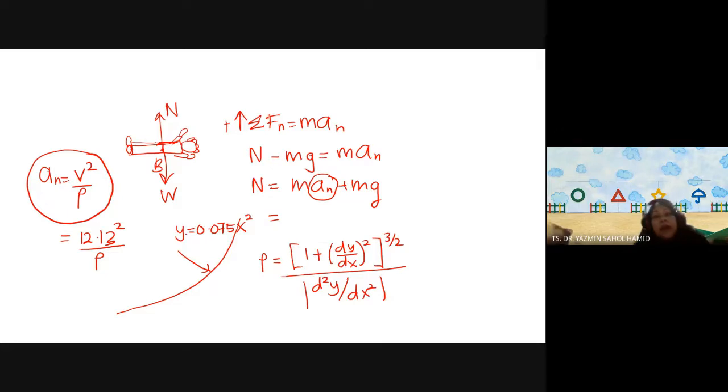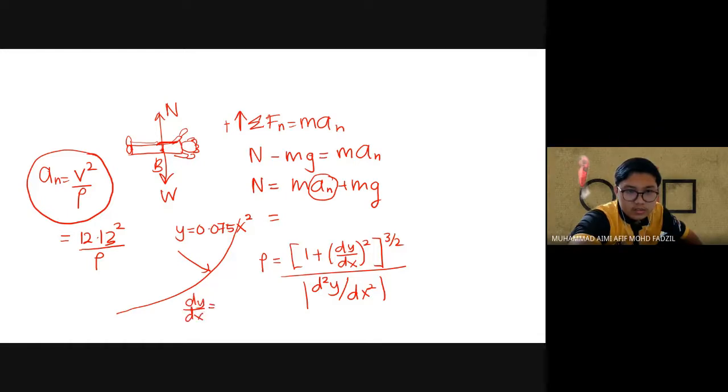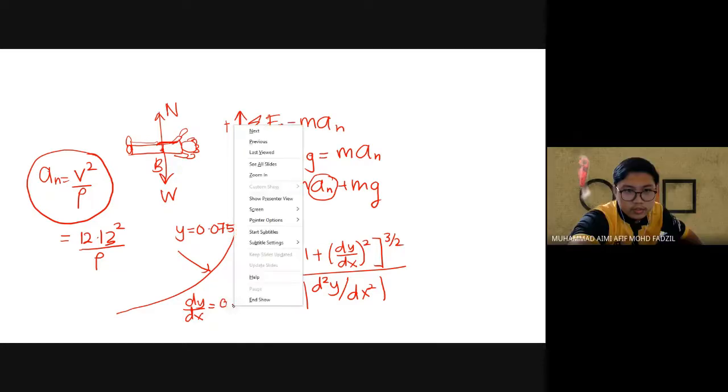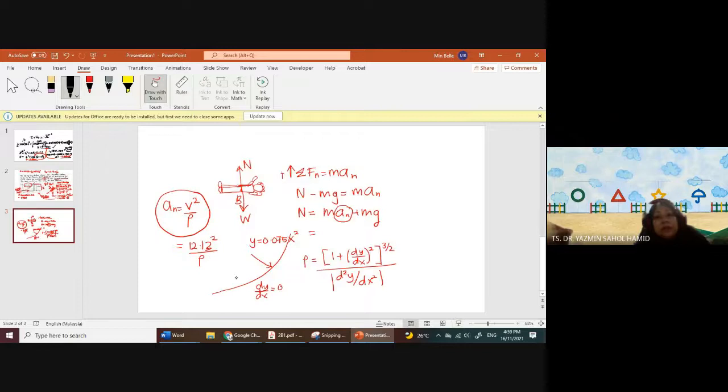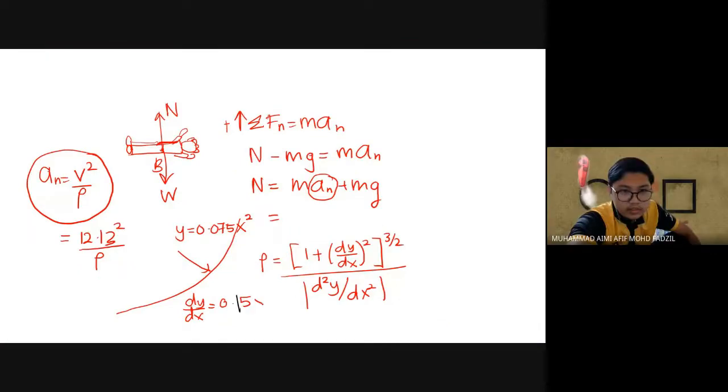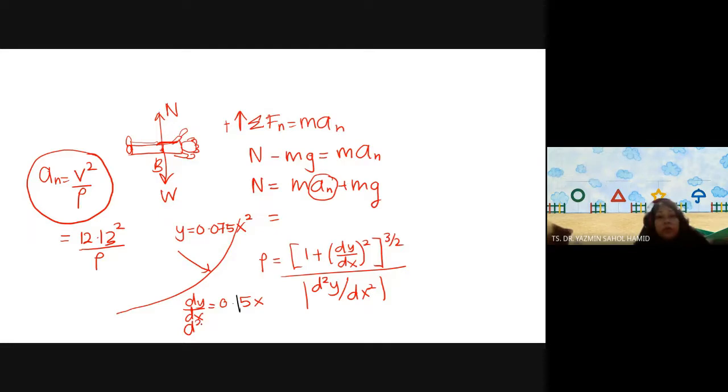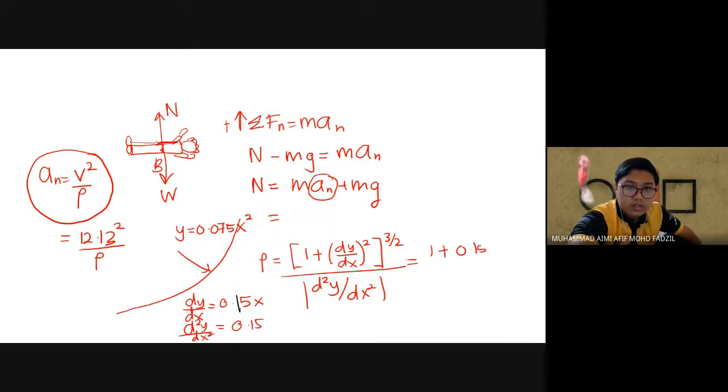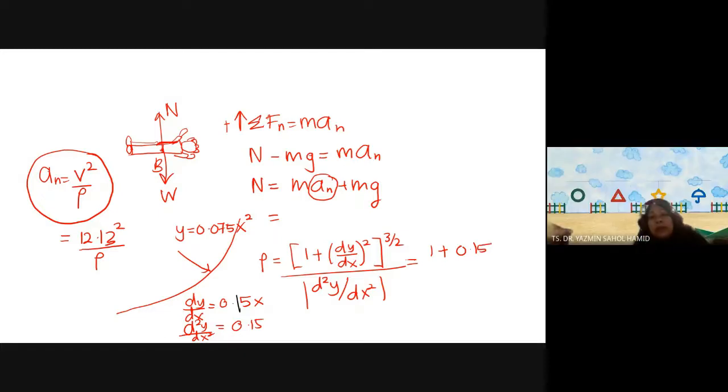Okay, so if this is your y, what is your dy/dx? Bring the 2 to the front, minus 1, so 0.15x. If you do d2y/dx squared, you differentiate again, 0.15. Now, what do you substitute for x? What is x at point B?